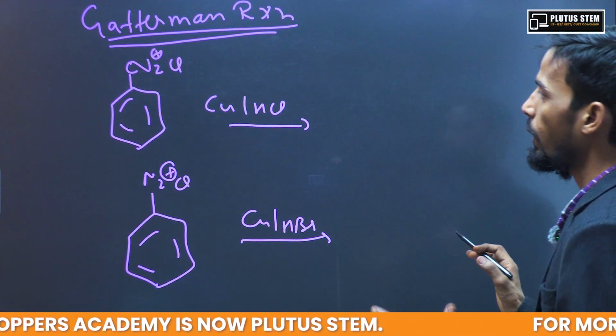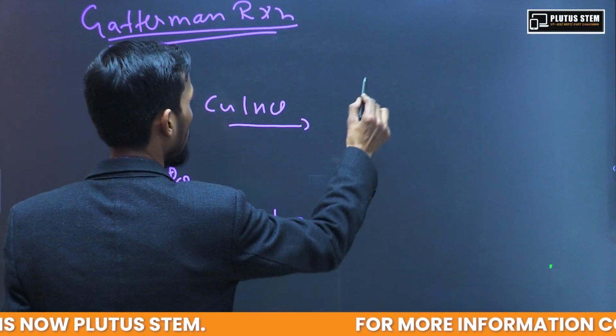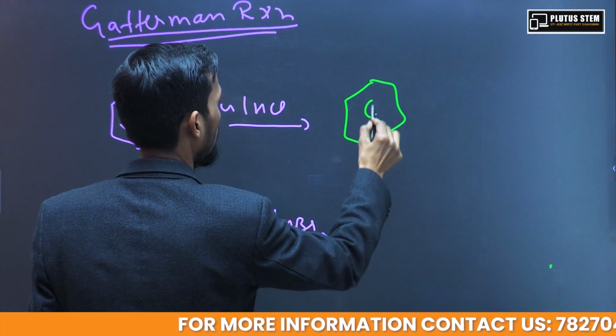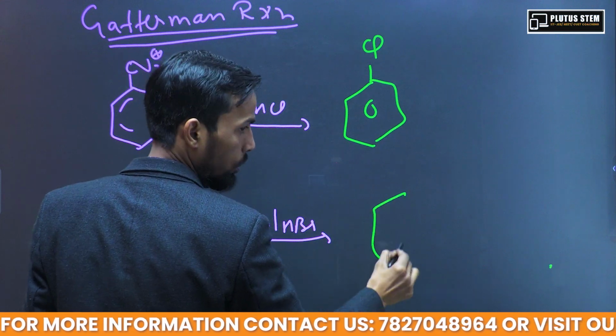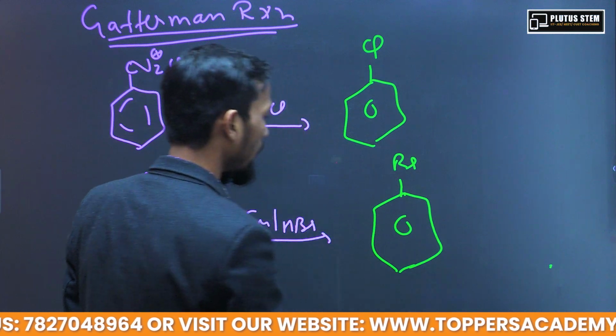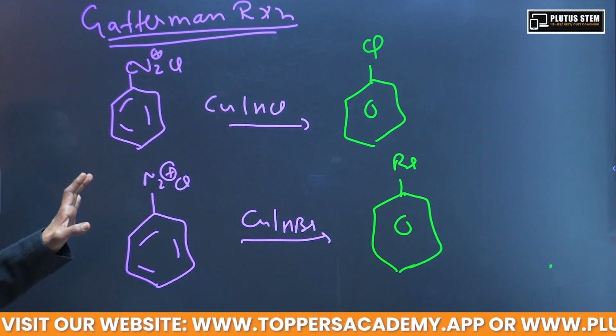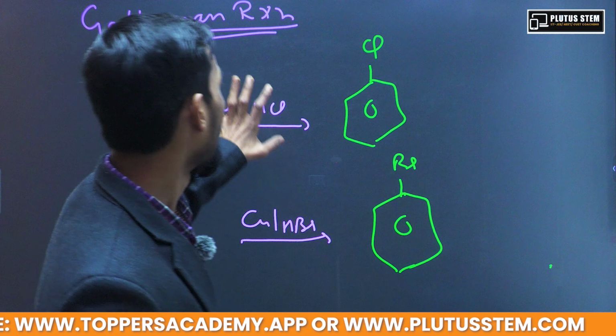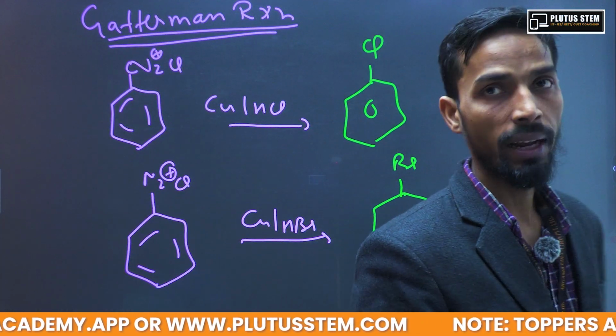So we will get chlorobenzene and bromobenzene. These can be prepared through this method, and this method is known as the Gattermann reaction.